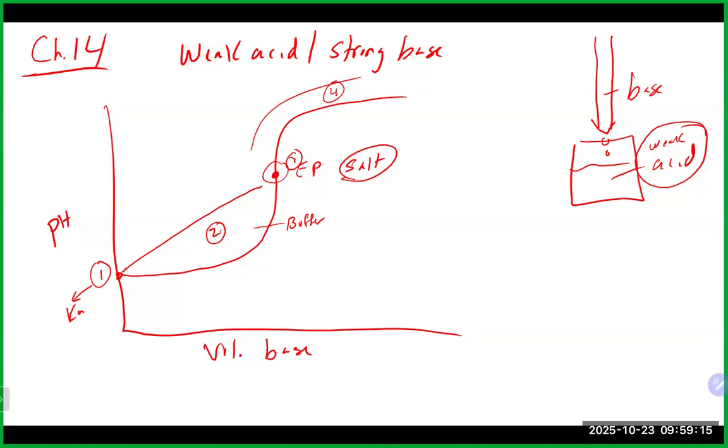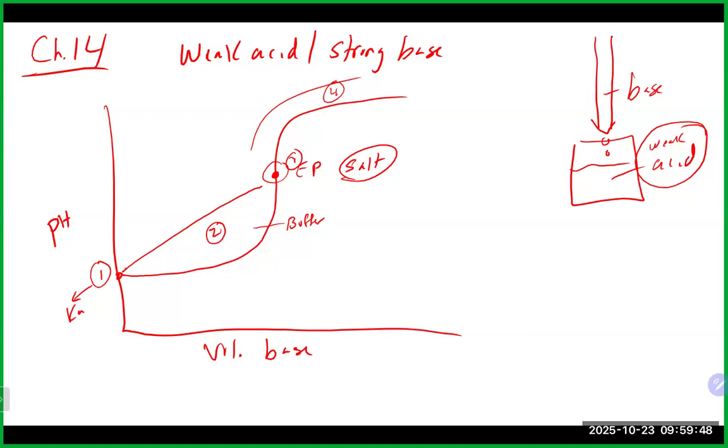And once you do that, you will have the salt that's still there from the equivalence point, and it will go through hydrolysis. But as we talked about, you basically will have a salt that is a base, and you will obviously have the presence of this strong base. And between the two, really the strong base is going to be the major contributor to the pH at this point. So you actually could do a little pOH action and then a pH at the end. Any questions on any of that there?